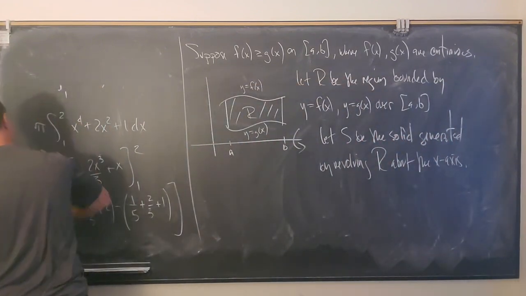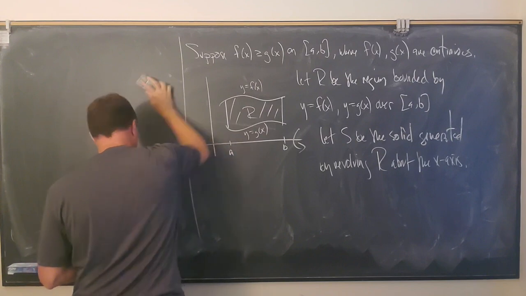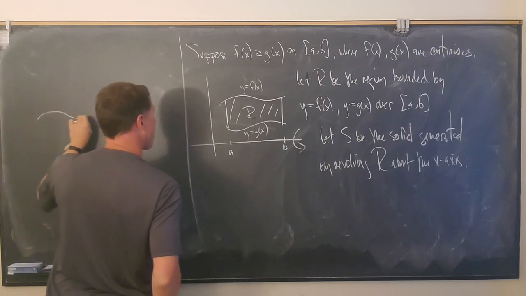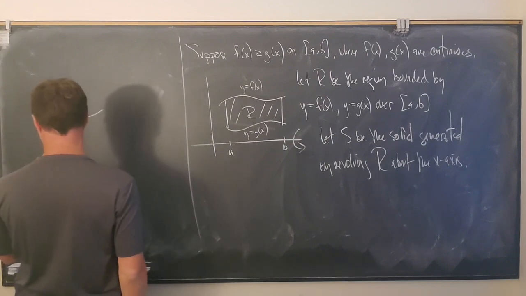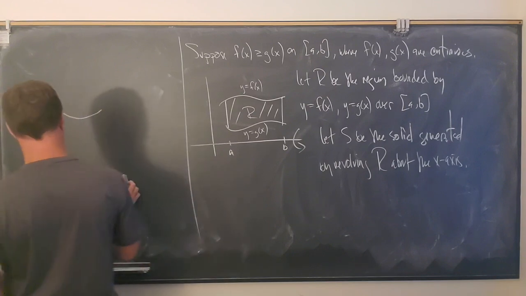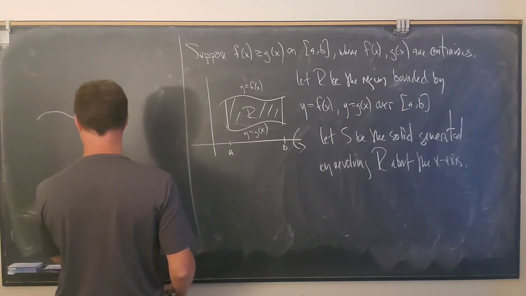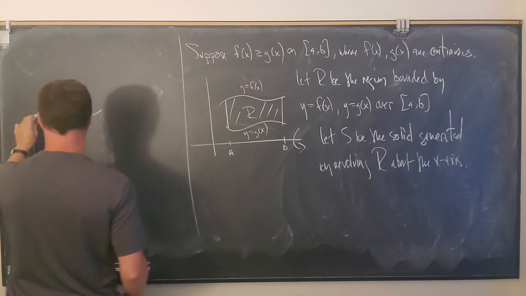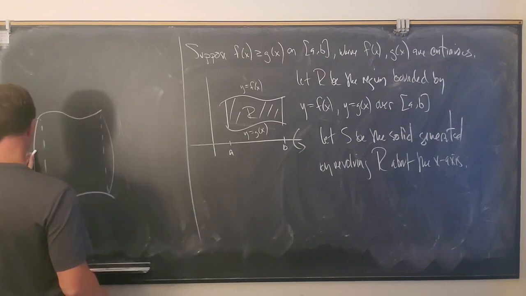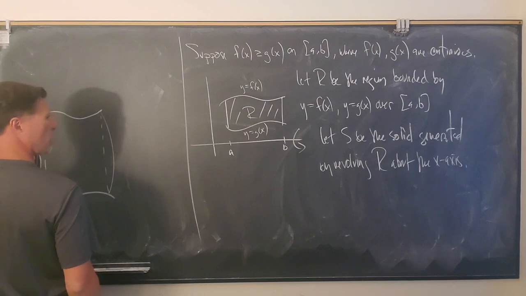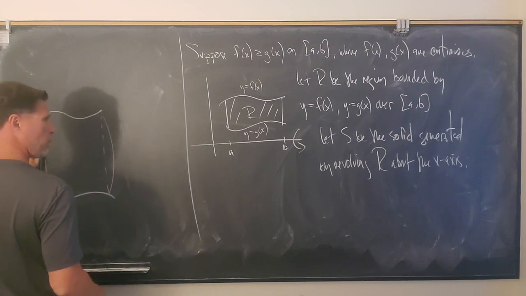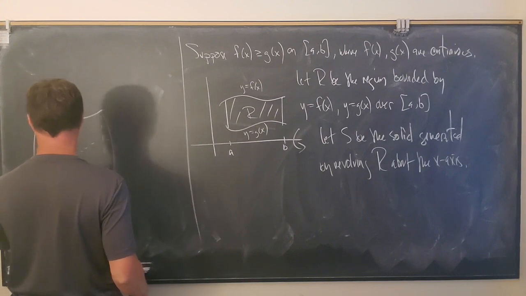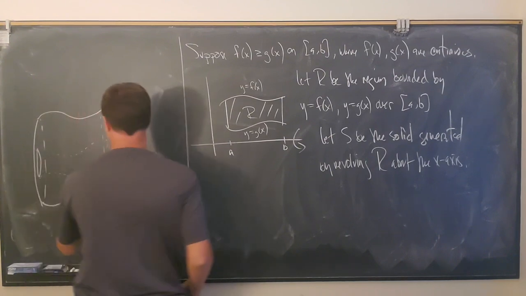So if I take that region and revolve it, what I'm going to get is something like this. And then inside, we're going to get a little hole.